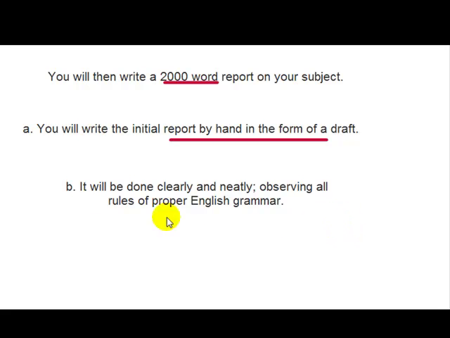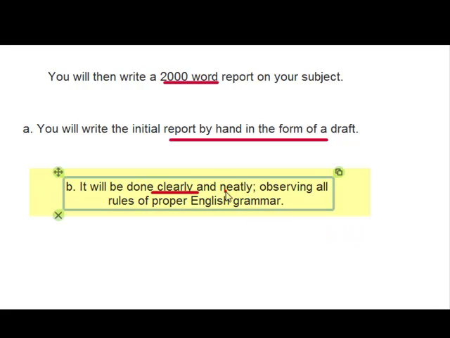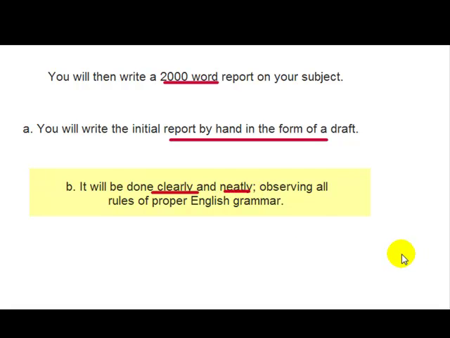The report will be written clearly and neatly, observing all rules of proper English grammar. What I mean by clearly and neatly is you need to express yourself in proper English grammar, and you need to write your initial draft as neatly as you can so I can read it. Yes, you can use cursive, but I need to be able to clearly read it. I cannot read a bunch of chicken scratch. If you have a problem writing in cursive, you can print.